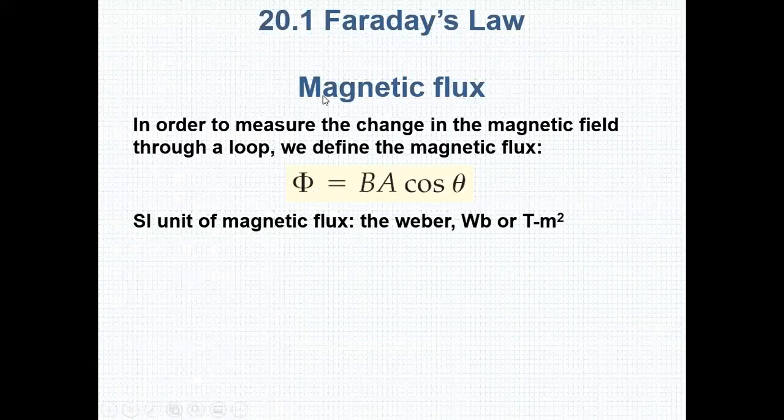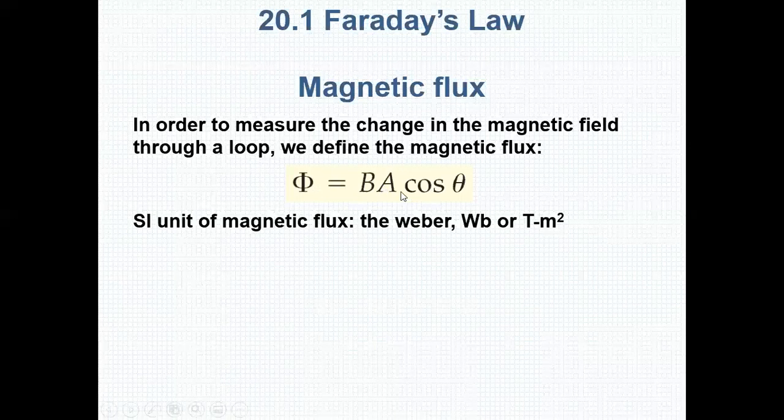So based on these explanations, we can explain Faraday's law. Before doing so, we have to define magnetic flux. The magnetic flux is defined by the product of the magnetic field and the perpendicular area of the loop.